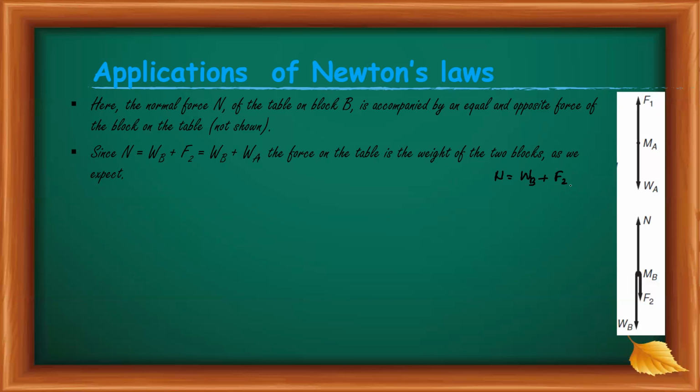In place of F2 we substitute F1, and we know that F1 is equal to WA, so WB plus WA. Then we get N is equal to WB plus WA.